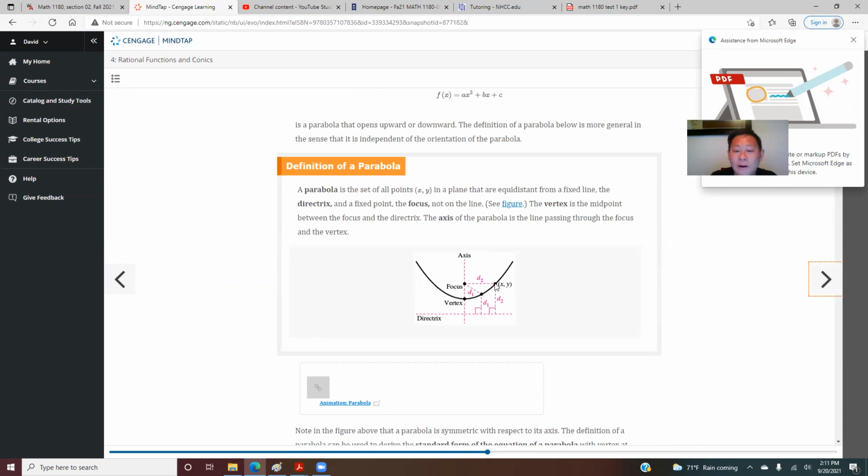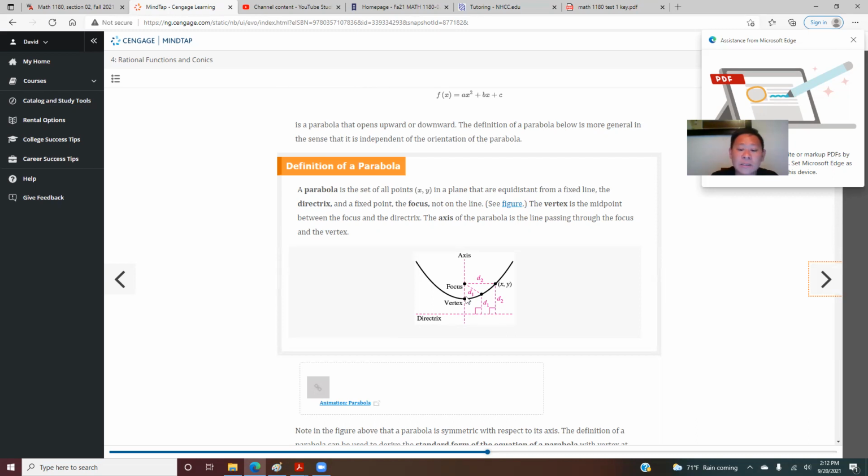If you take all these points on the parabola, these are (x, y) points, and you take the distance from the (x, y) point to the focus and to this dashed line, called the directrix, the distance from the focus to the (x, y) point and from the (x, y) point to the directrix are the same. No matter where you go, the distance from this point to the focus and from this point to the directrix, which forms 90 degrees, are all the same.